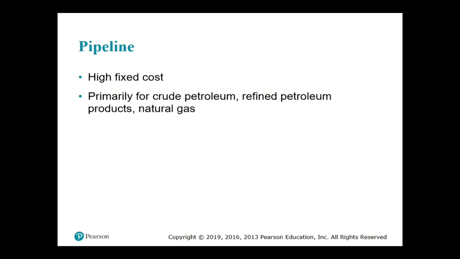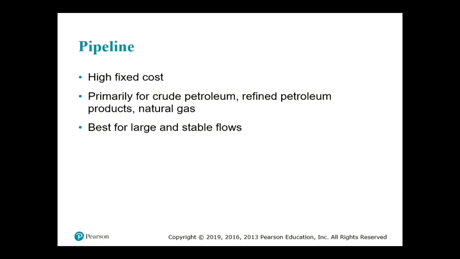The third one, a particular one, is pipeline. Pipeline transportation only applies to certain types of products, petroleum, natural gas, and this one has very, very high fixed cost to build the pipeline infrastructure.